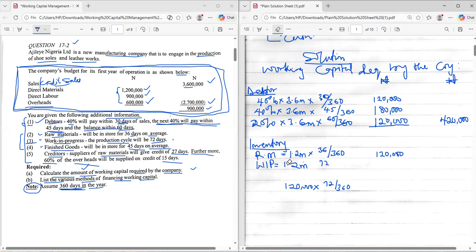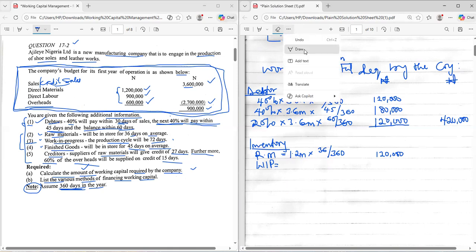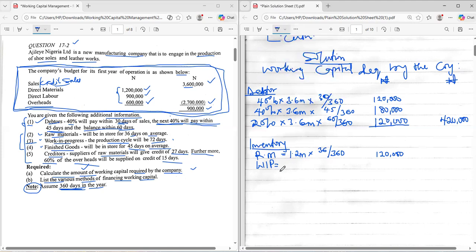Please pay attention. This is the way work in progress is done. In case you see it in any question, this is the way it is done. Under work in progress, we need to address raw material before we address the conversion itself, which is the production cycle.